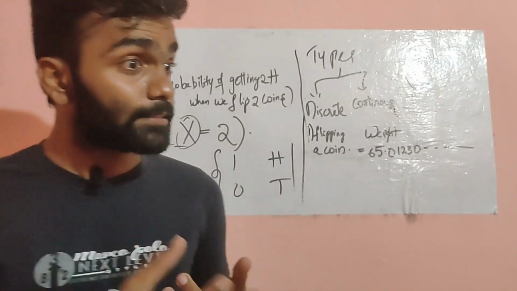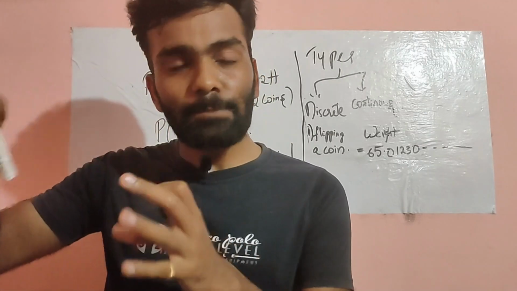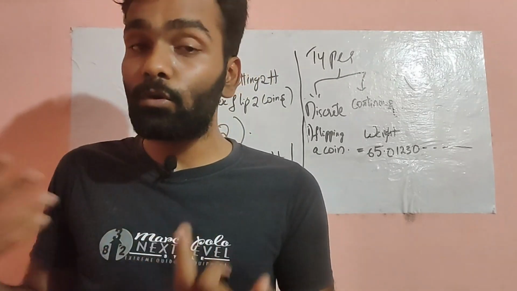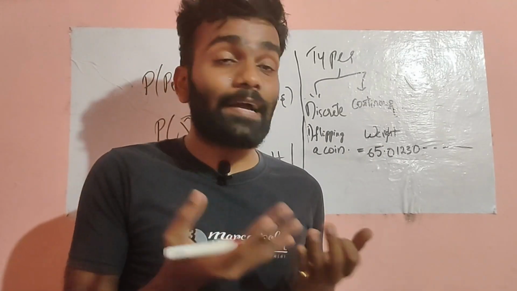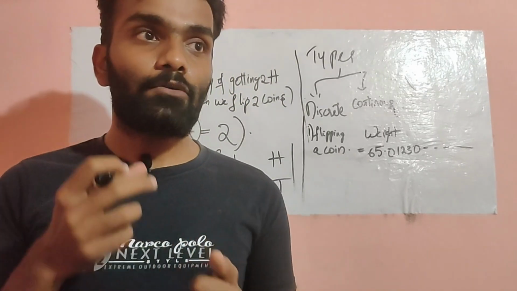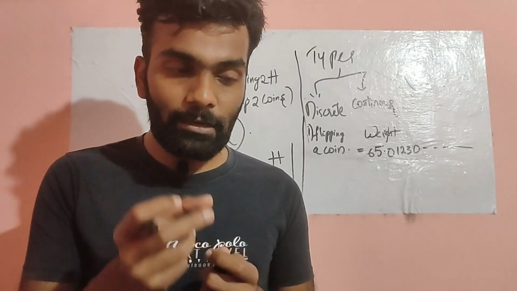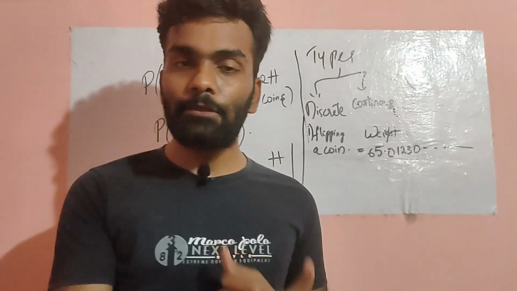It can be 600.00123, something. It just keeps going to infinity. We don't know the exact value. So that's also a continuous variable. When you can't count the values, when a variable can take an infinite number of values, that is a continuous variable.